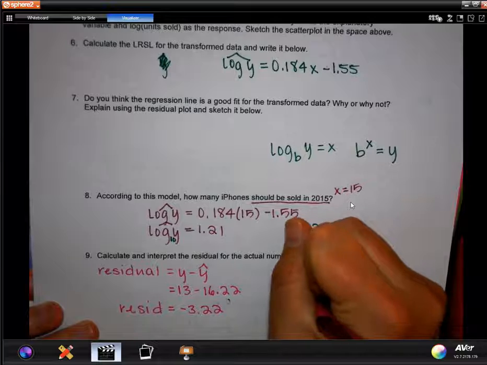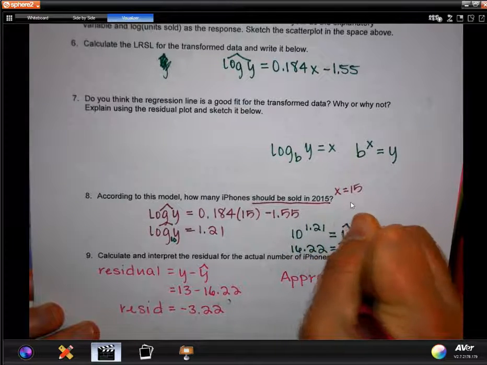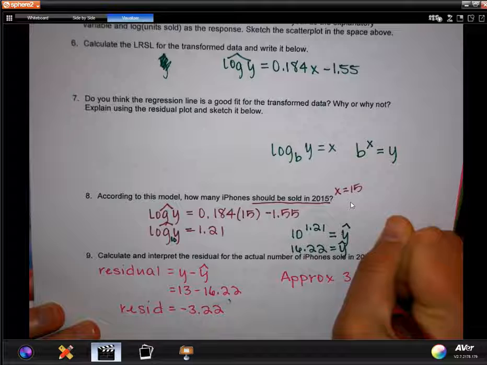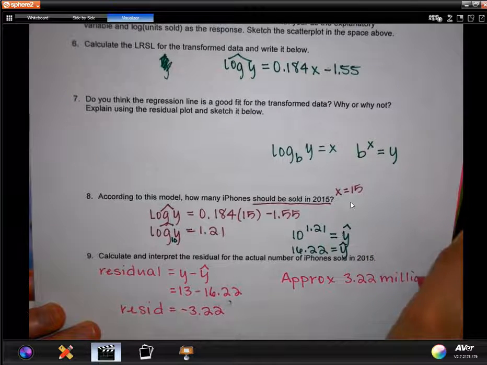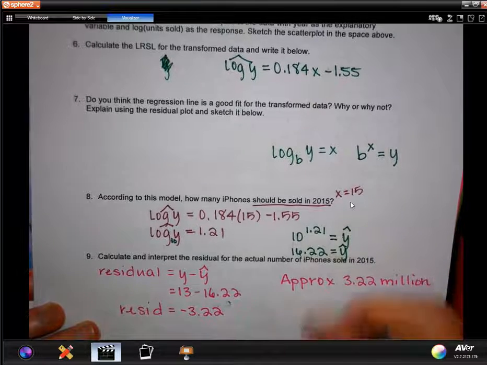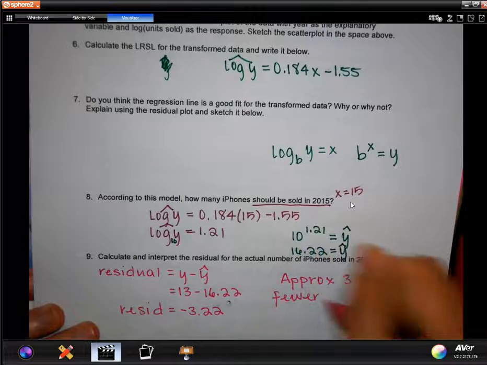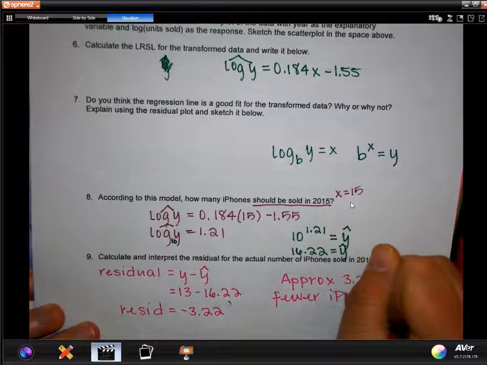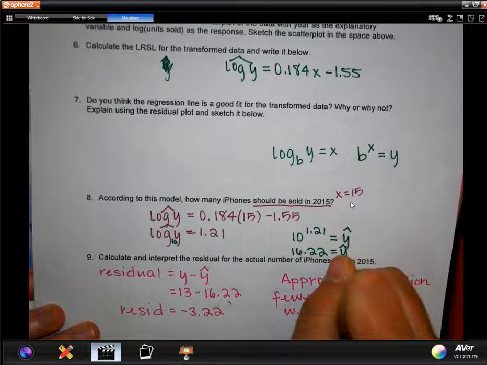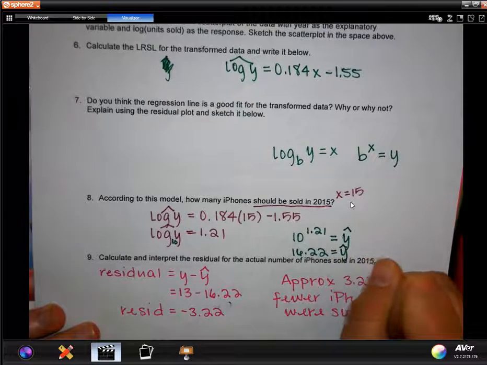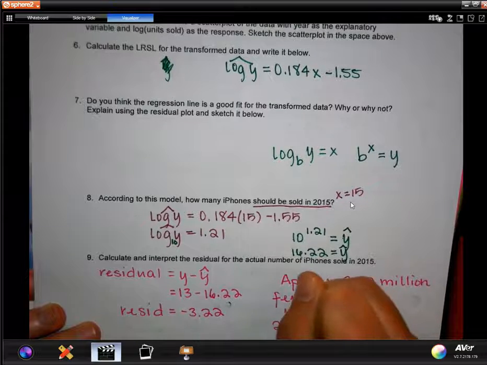Okay, approximately 3.22 million, because it does say in the table that we're talking in millions, fewer iPhones were sold in 2015 than predicted.